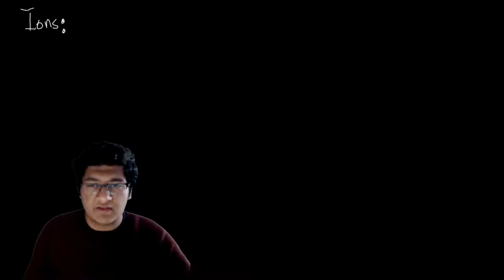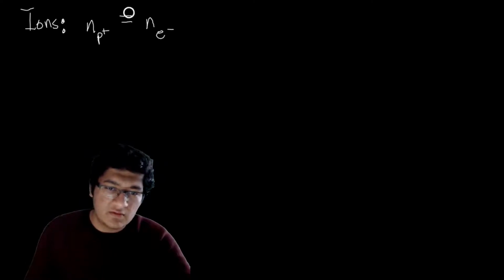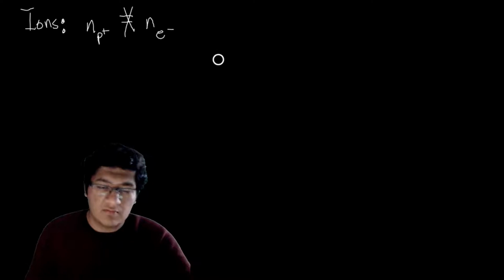So now we can talk about ions. I briefly mentioned this when I was going over atomic mass. An ion is when the number of protons and the number of electrons are not equal.